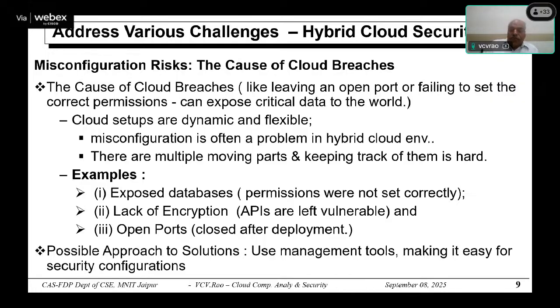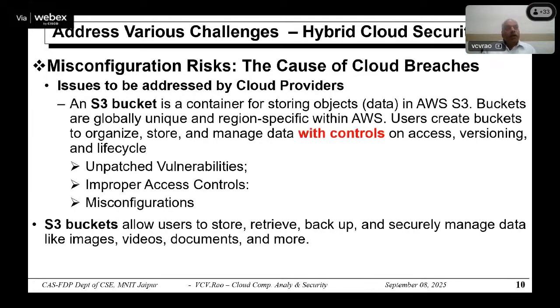The cause of cloud breaches is also another thing we need to understand. Amazon has a kind of data storage called S3 buckets, which are used in Amazon Web Services. What is important is that they provide it, but the user has to create buckets, and organize and manage data with controls on access. With controls on access means the user should know how to implement access control, what the version is, what the life cycle is, and how much data you are storing in the S3 bucket.